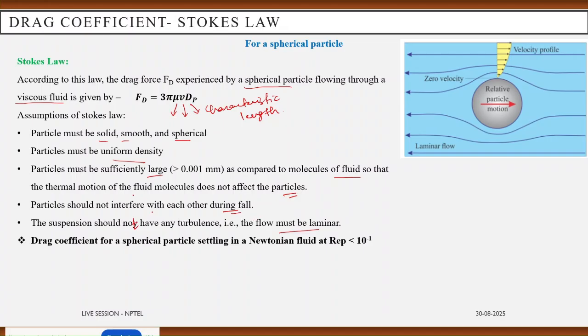Now your next target will be the derivation of the drag coefficient for a spherical particle in a Newtonian fluid when the particle Reynolds number is less than 0.1. For that case, you have the formula of Fd equals to this.